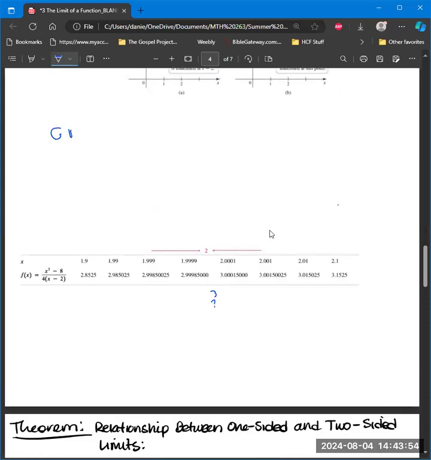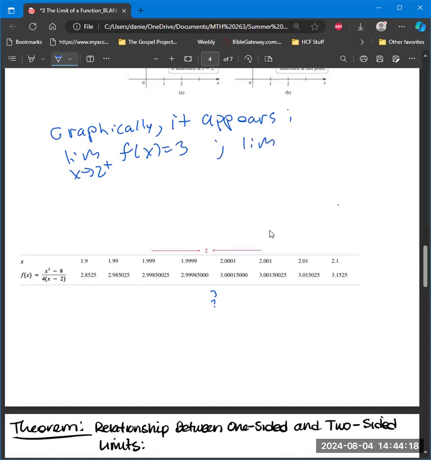Graphically, it appears the limit as x approaches 2 from the right of f of x equals 3, and the limit as x approaches 2 from the left of f of x is also equal to 3.